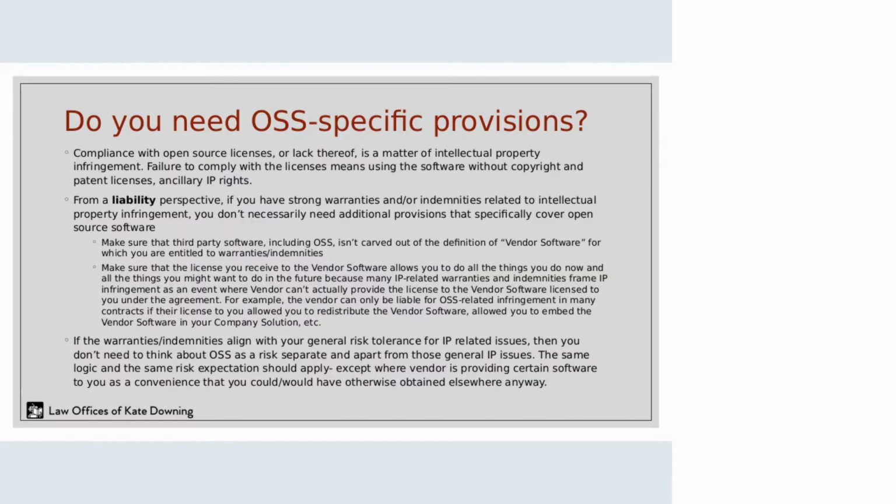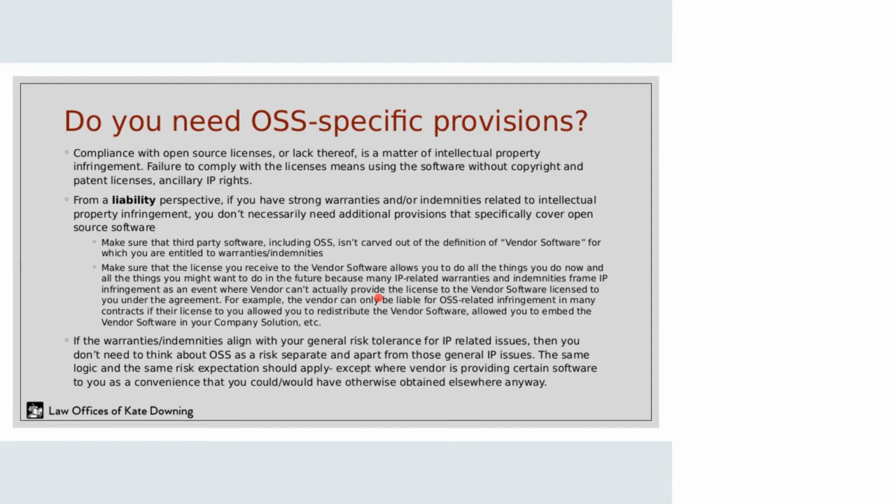Okay, so do you even need open source specific provisions? The reason I want to start with this is because in a lot of cases you really may not. If you have warranties and you've got indemnities in your contract that you're happy with respect to IP infringement, in many cases that's going to be more than enough to cover the liability aspect of the contract.